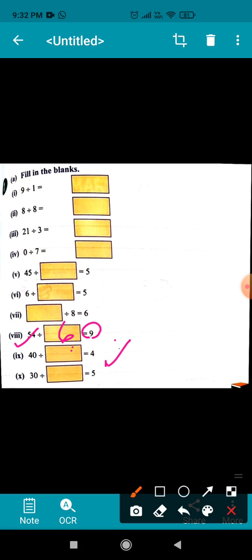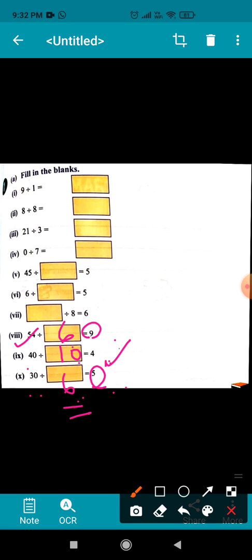Similarly, the 4's table we read 10 times to get 40, or the 10's table 4 times we read to get 40. Here the 5's table, how many times do you read to get 30? 6 times, or you can say the 6 table we read 5 times to get 30.